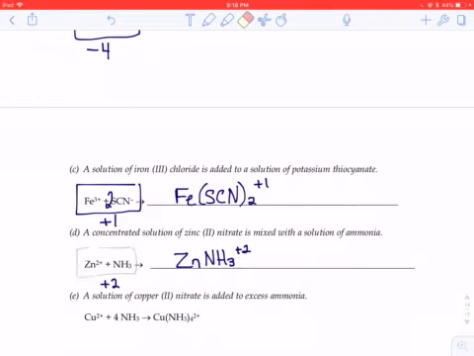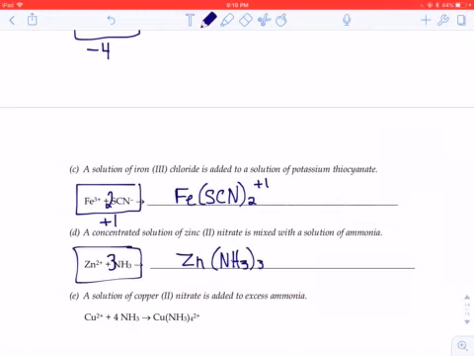It would be okay if you said, I want that to be 3 ammonias that it's going to combine with. Great, you can do that. So Zn with 3 ammonias. But over here that's positive 2, so over here has to be positive 2.